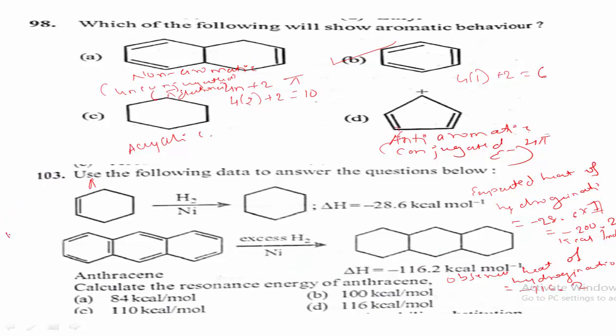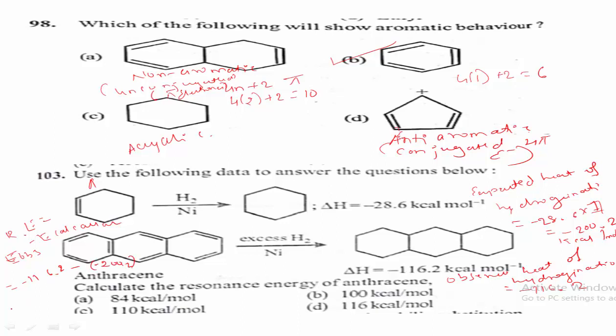Yes students, now resonance energy. I write simply RE equals E observed, means energy observed, minus energy calculated. Use this formula, then it becomes equal to minus 116.2 minus of minus 200.2.